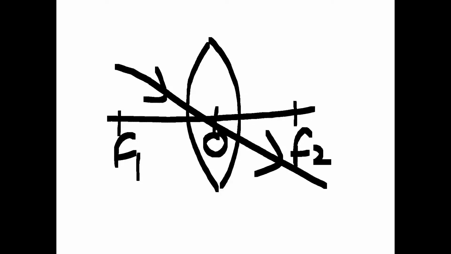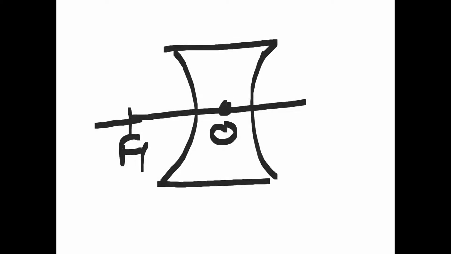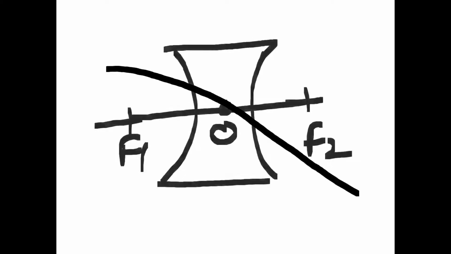It will not deviate at all, it will just pass straight away. Same will happen in case of concave lens. This is optical center, this is f1 and this is f2, and it will pass like this, okay? These are the rules to make the ray diagram in case of lenses.